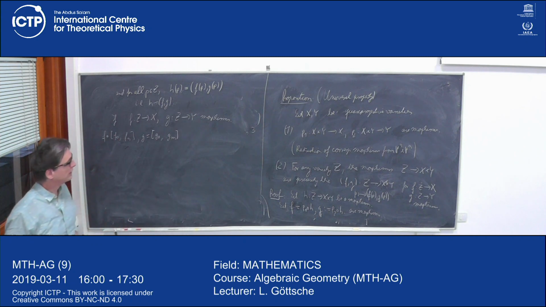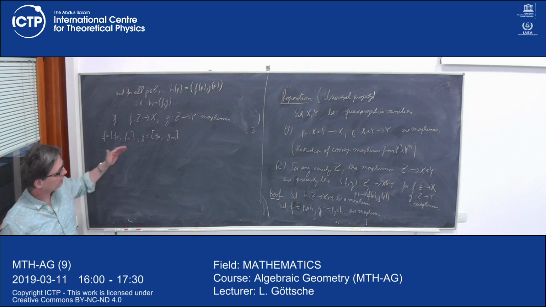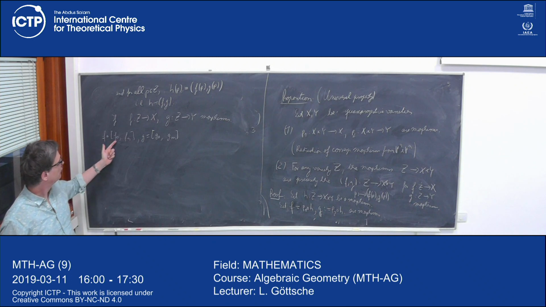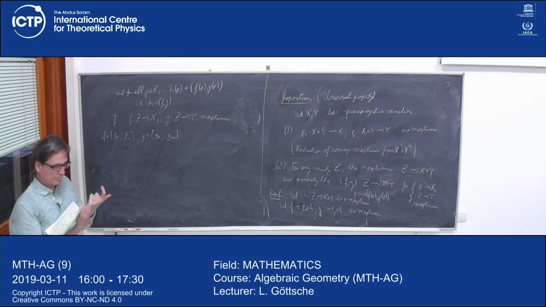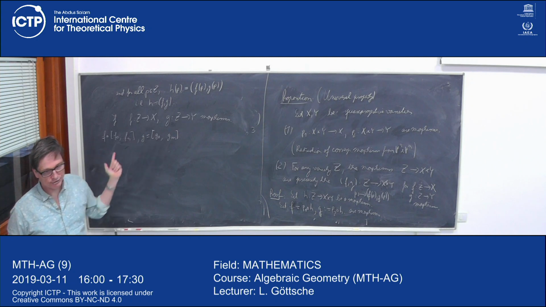And then we now use the Segre embedding. How does one get the product map? According to the Segre embedding, the pair is mapped by taking all the products of all the coordinates.